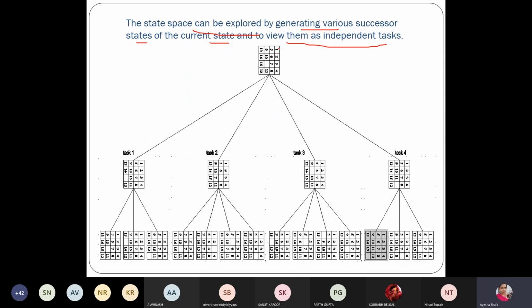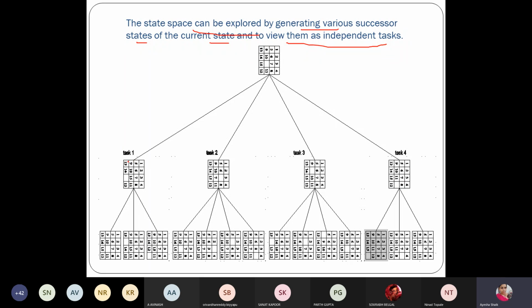For this particular position of the tiles, we generate the 4 possible states. 15 we can move upside, 10 we can move left side, 7 we can move downside, and 10 we can move right side, and 11 left side. These are the 4 possible moves.